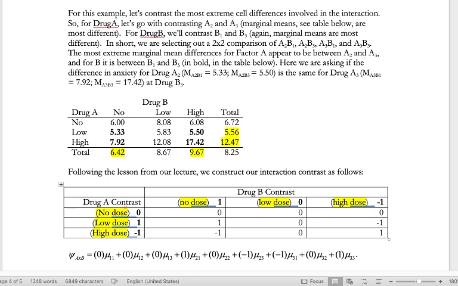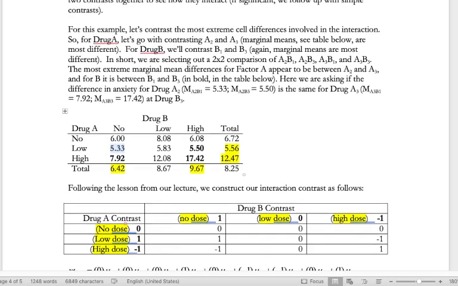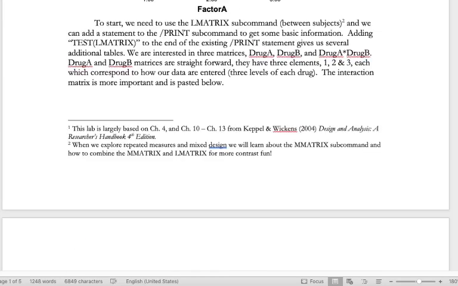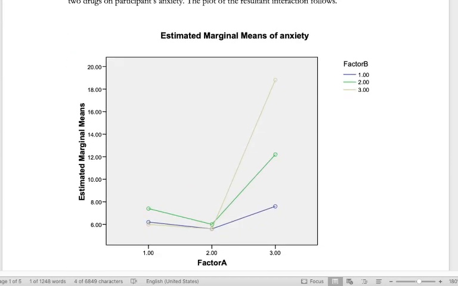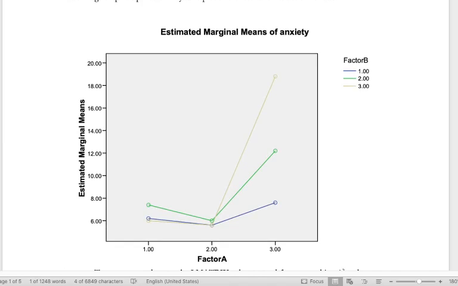So with this, we can say that we're comparing the difference between these values. Or if I go back up to here, we're looking at factor A2, so this middle part, versus the high.